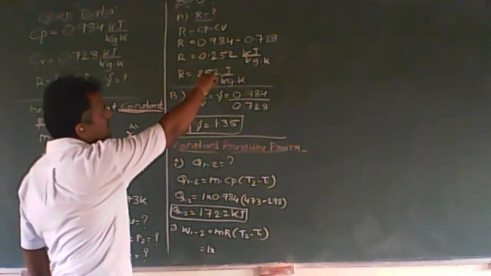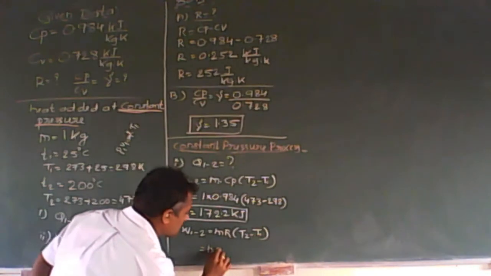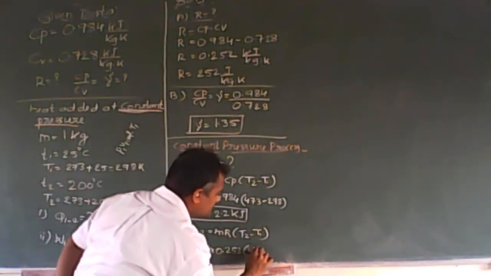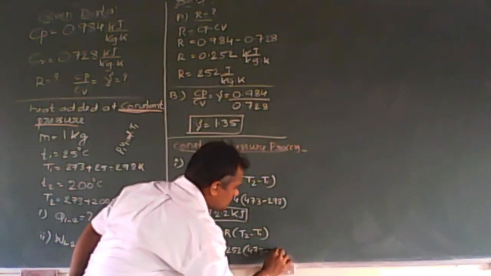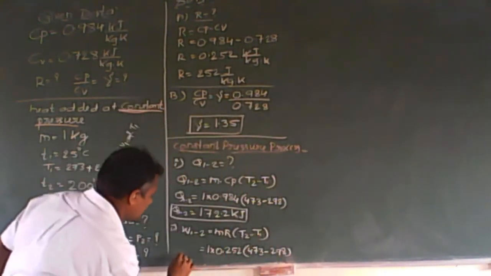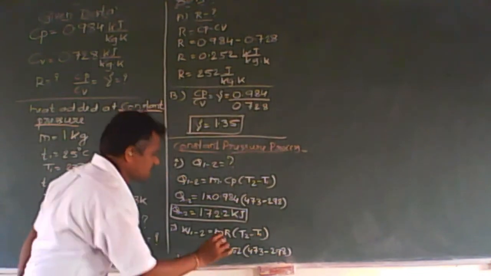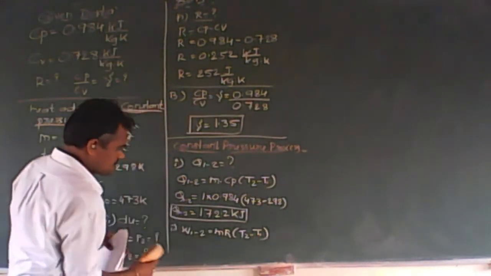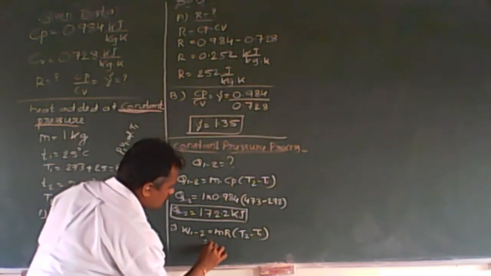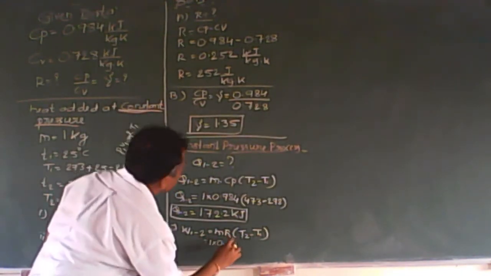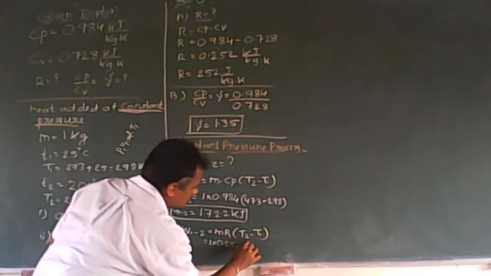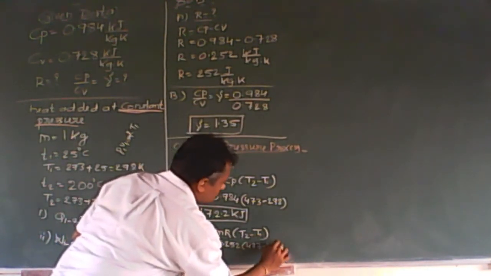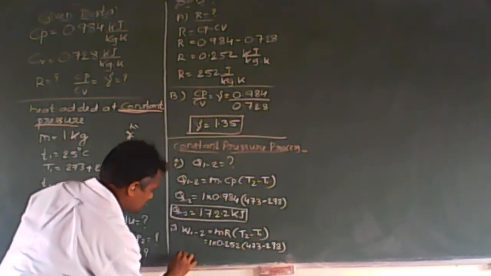So I will substitute directly 0.252 into 473 minus 298, so that I get the answer.